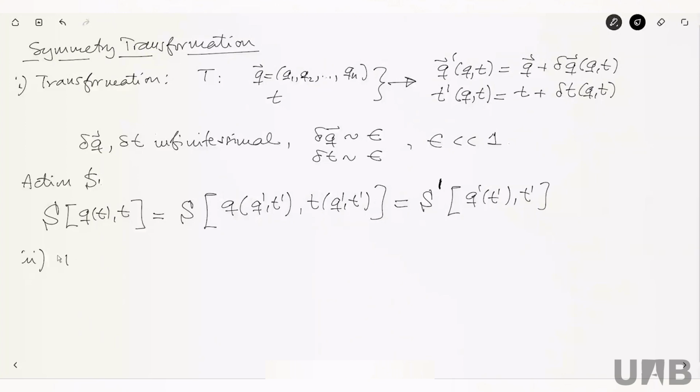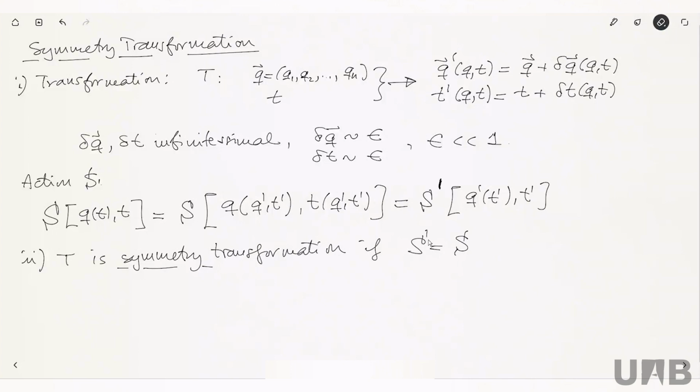T now is a symmetry transformation. Right? So far, T was a transformation, and now it is a symmetry transformation if S prime equals S. Let me put a beautiful prime in here.